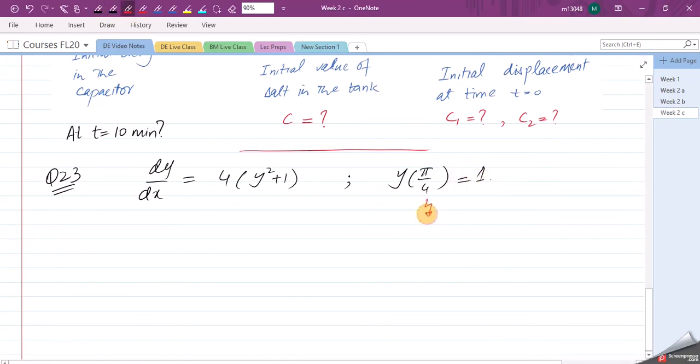Now this value is for x and this value is for y. Clearly the equation is separable.